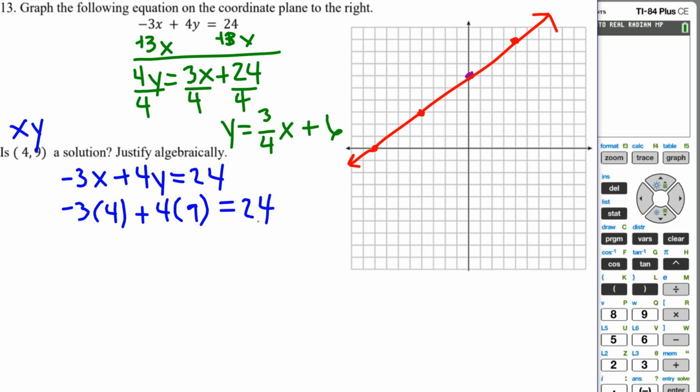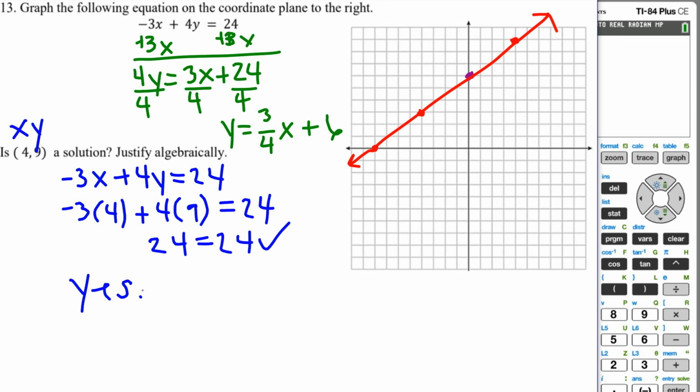Now when I type the left-hand side into my calculator all at once, or if I do it piece by piece, I have -12 plus 36, which is 24. And 24 does equal 24. So this is my justification algebraically. My answer is yes or no. Because it makes a true statement, the answer is yes.